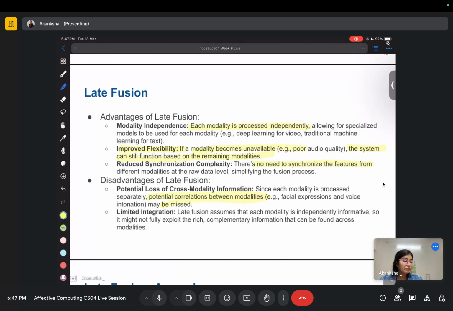But in this case, since it is independently being processed, there is no communication at all between the two modalities. So there is potential loss of cross-modality information, and integration is also limited. It is independently informative, but it might not fully exploit the rich or complementary information that can be found across the modalities.